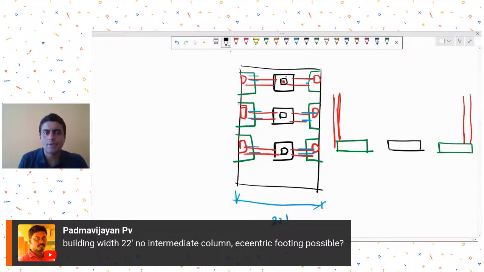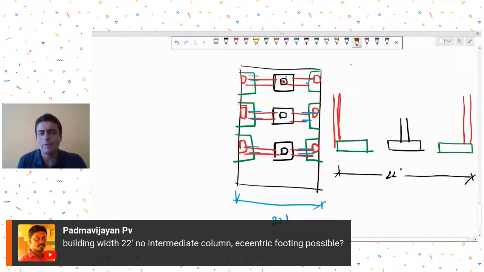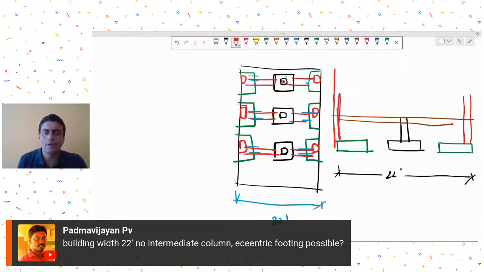This dimension is 22 feet. Now what I'm saying is that you continue a stub column having a stub footing till the plinth level. Let's mark my plinth level over here. This is my plinth level, let's say. So this column will terminate at plinth level only, and these red columns will continue to your other floors.